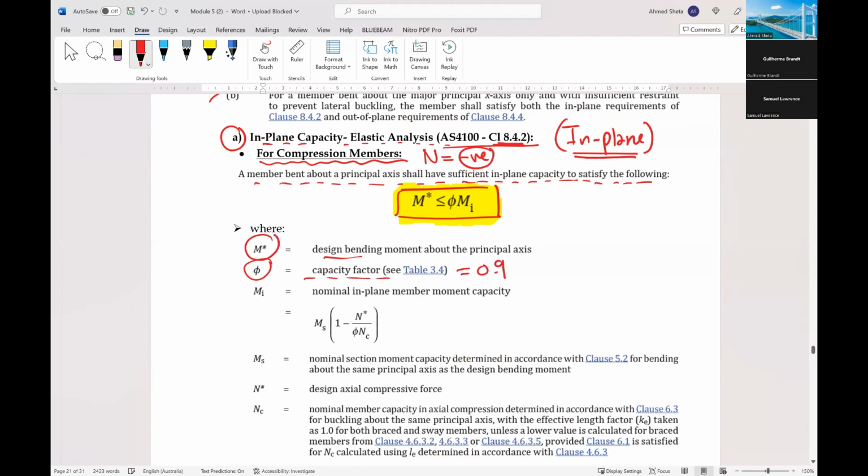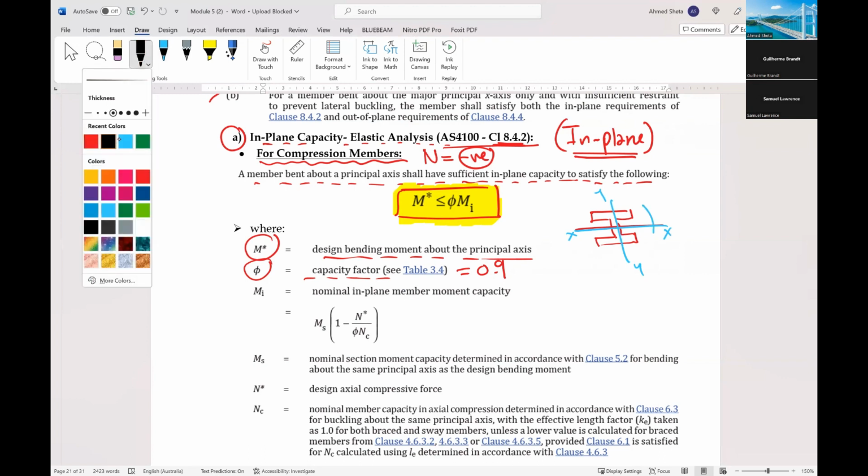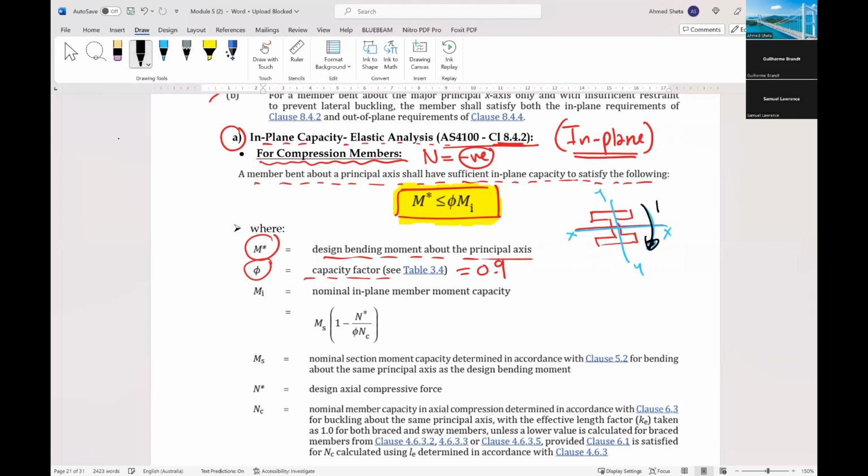Where M star is the design bending moment about the principal axis. If this is our cross section, this is X and Y, so this is the major axis, and this is the moment about the major axis. And Mi is the nominal in-plane member moment capacity.